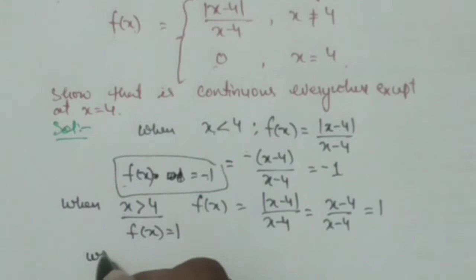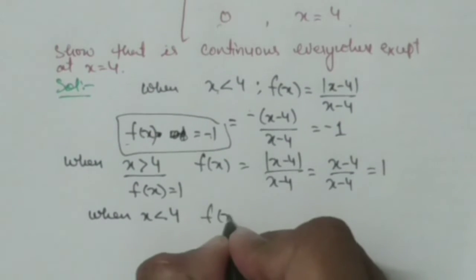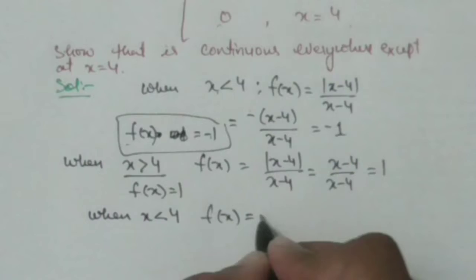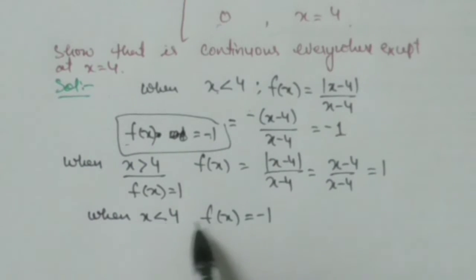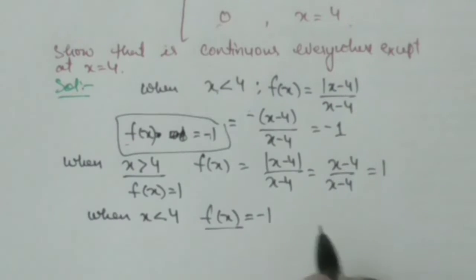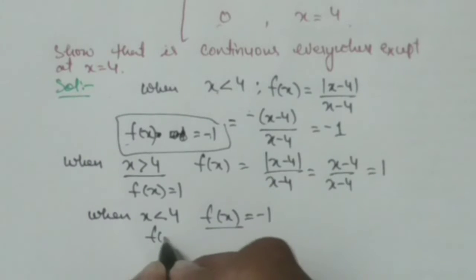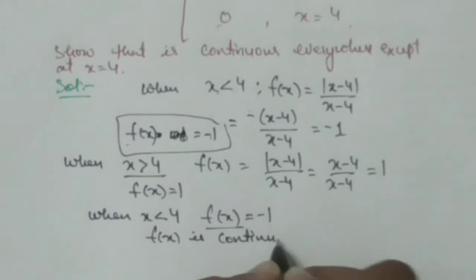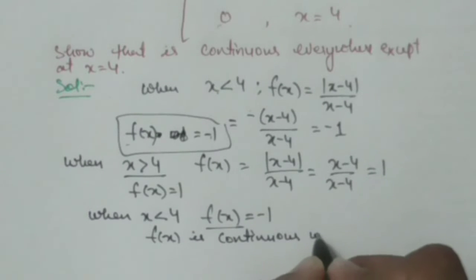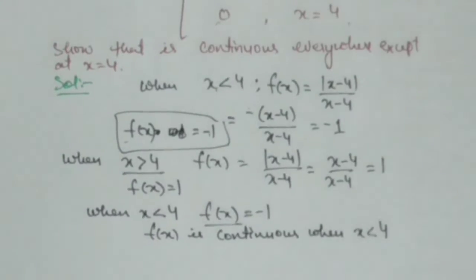Now see, when x is less than 4, then f(x) is a constant function. It is equal to -1. So constant functions are continuous. So this function f(x) is continuous when x is less than 4, right?